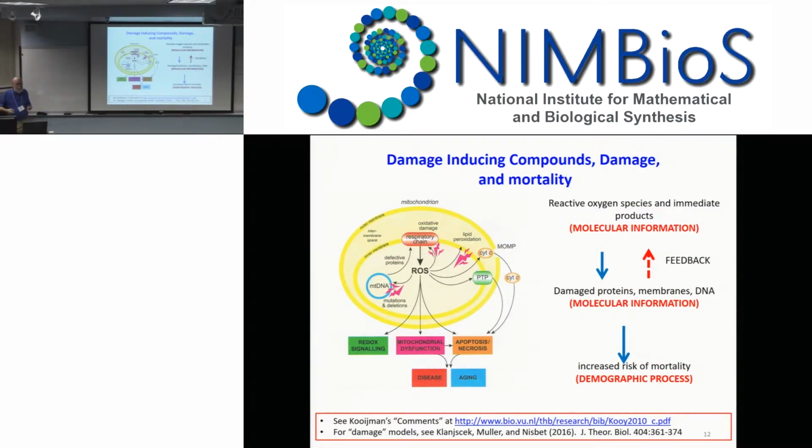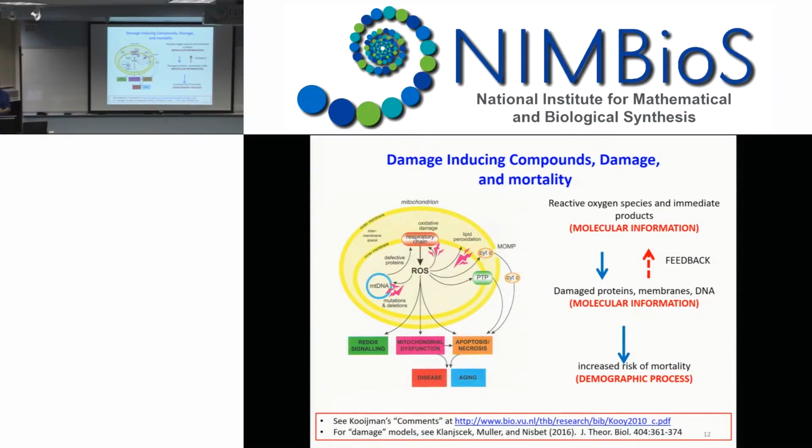Which is a controversial idea, but the abstraction is that essentially the faster animals are metabolizing and turning stuff over, the more something that we can call damage occurs, and you then have information that takes the production of short-lived ROS species. This leads to damaged proteins, membranes, and DNA that in turn relates to mortality.